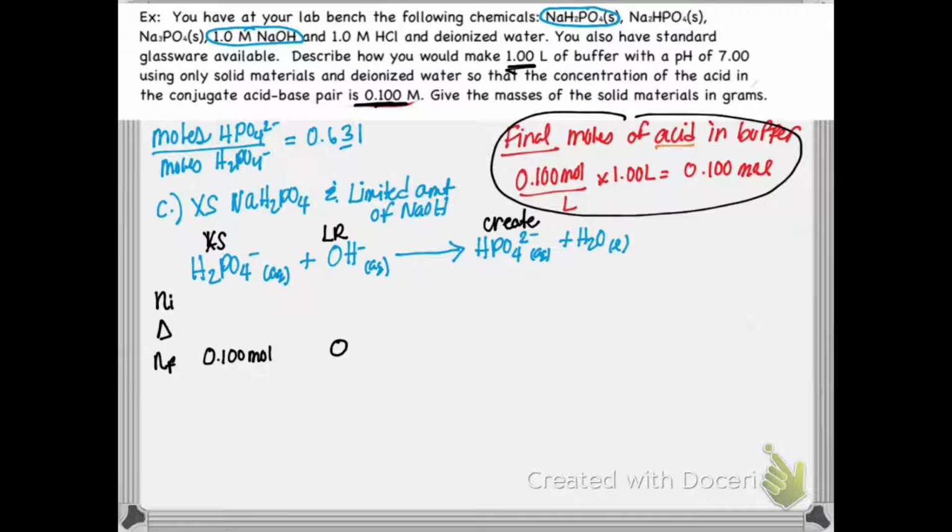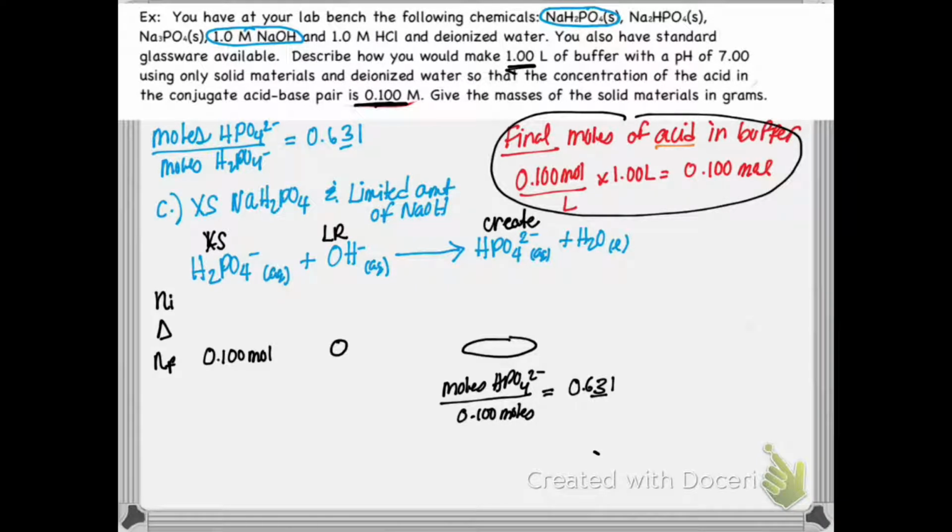Based on the mole ratio, like we calculated last time, we can figure out how much of the base component. So we have our moles of HPO4 2- divided by 0.1 moles equals the mole ratio, 0.631.